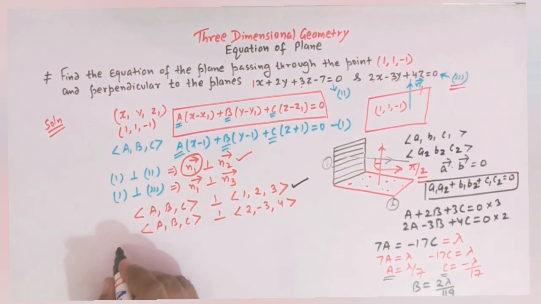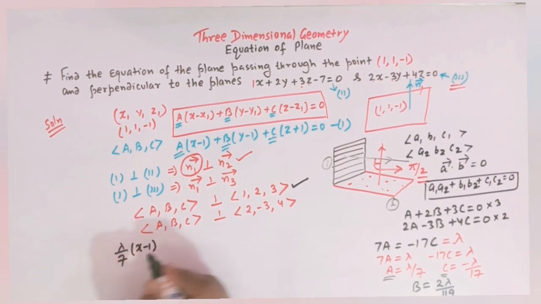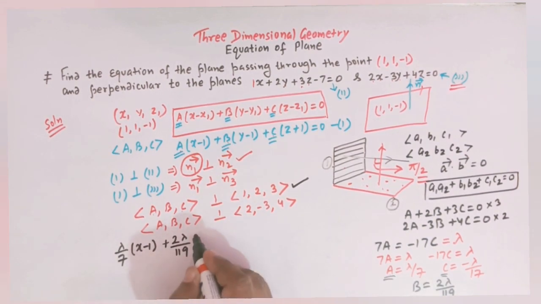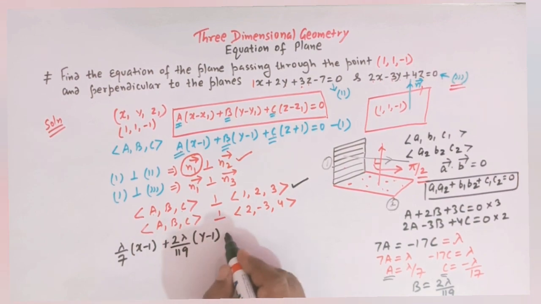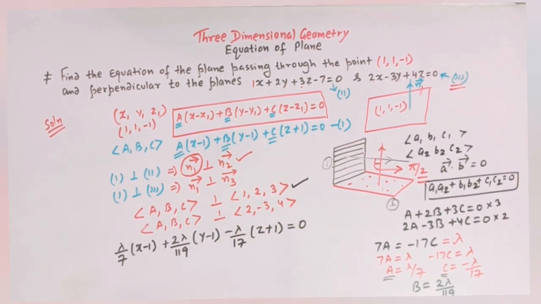So what we will get, we have lambda by 7, and here we have x minus 1, then we have b, that is 2 lambda over 119, and y minus 1, and then we have c, that is minus lambda over 17, and here we have z plus 1 is equal to 0, right?